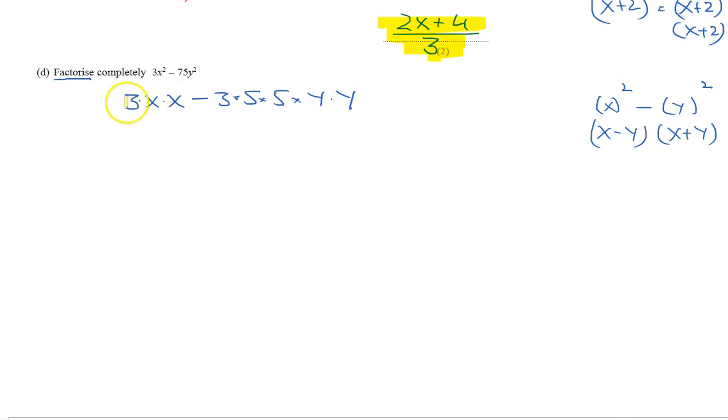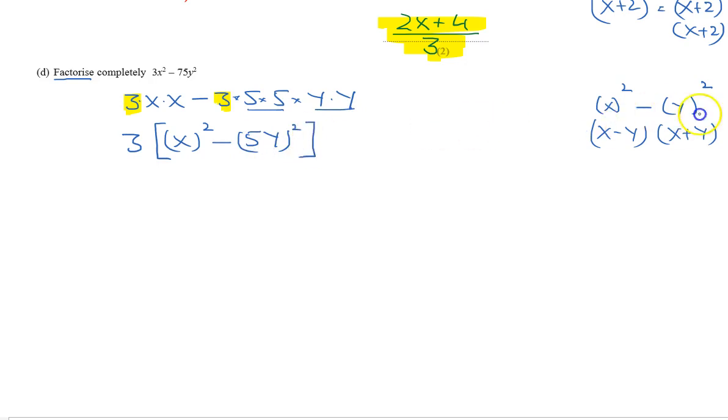Here what we can see is only 3 is common and nothing else is common. So let's take 3 out. Now x squared minus this is 5 squared, this is y squared, so that is 5y squared.